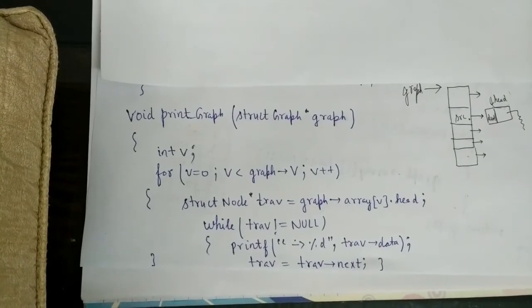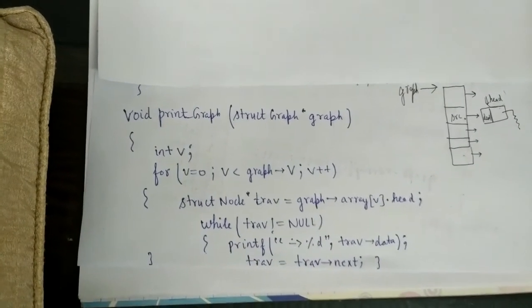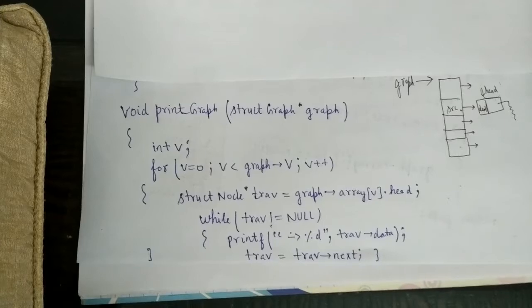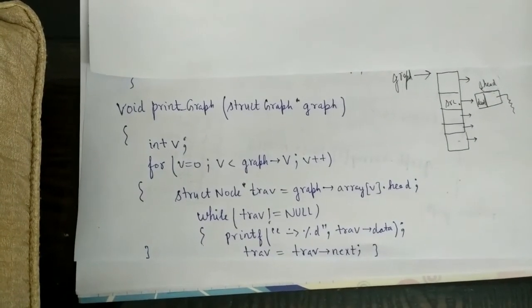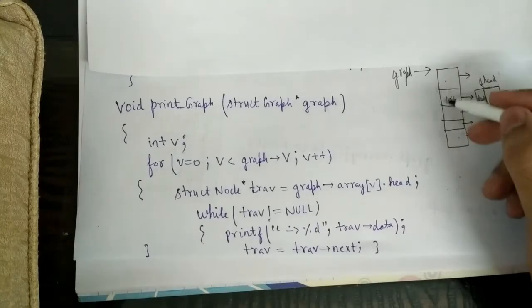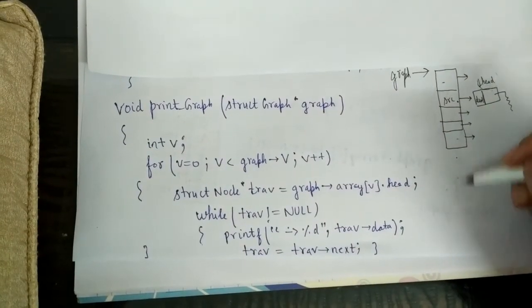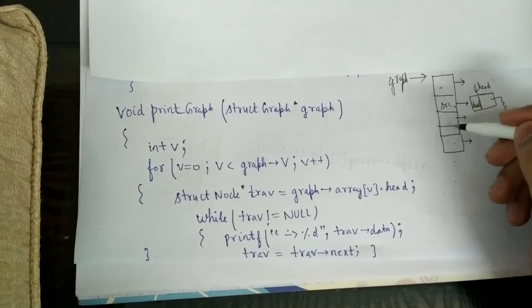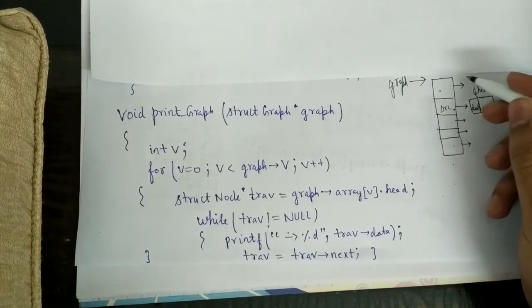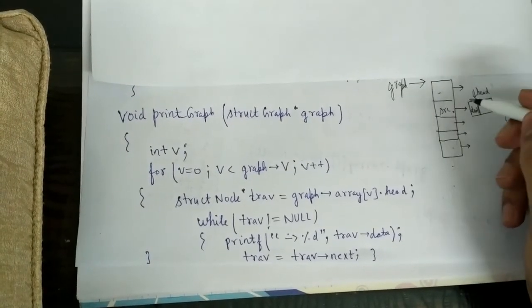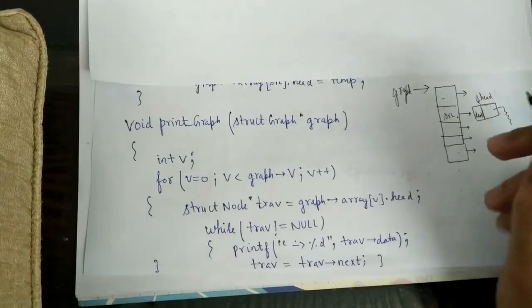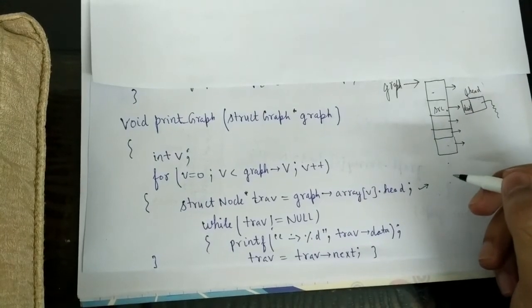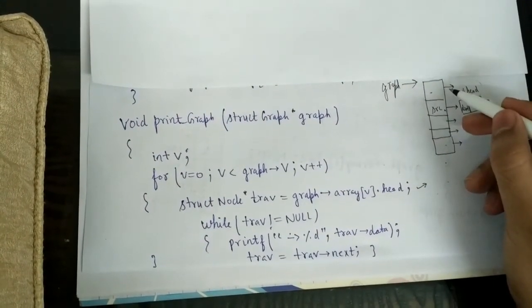So now we will create a function to print a graph. It would take as an input the graph which we want to print. We will traverse all the adjacency lists from end to beginning and print all the data corresponding to each adjacency list. We would create a pointer named traverse and it would point to each adjacency list one by one.